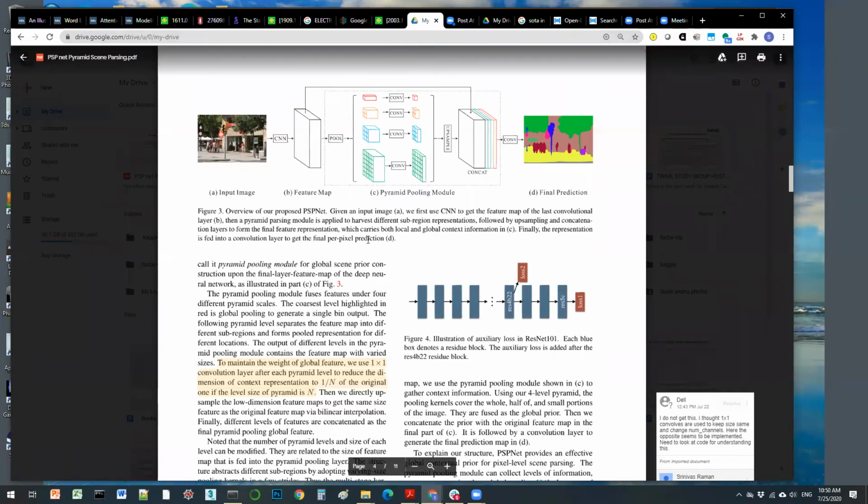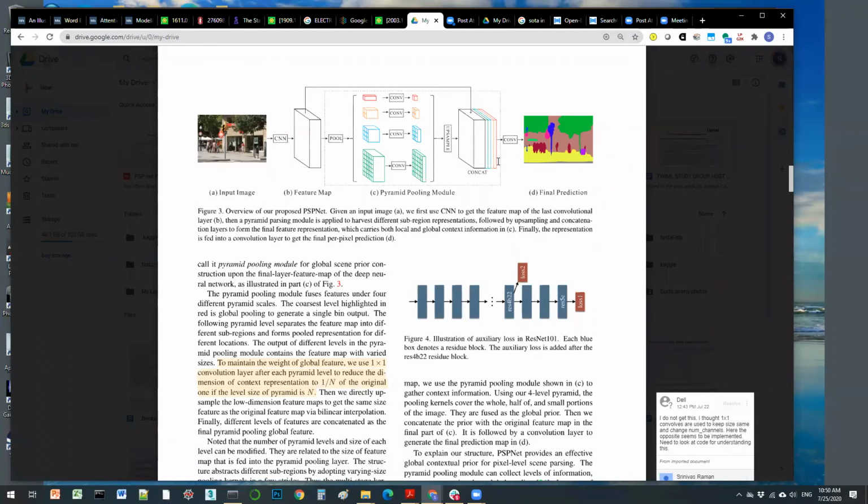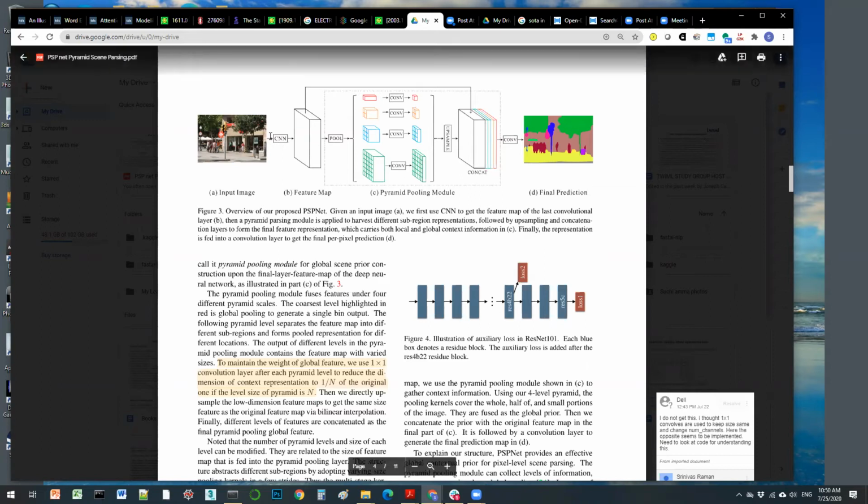If you have 4 subregions, which means the number of poolings you're doing is 4, then you divide 2048 by 4 to get how much depth you want in each of these, so that when you concatenate them one after the other, you get back the number of channels that you had in the original image.